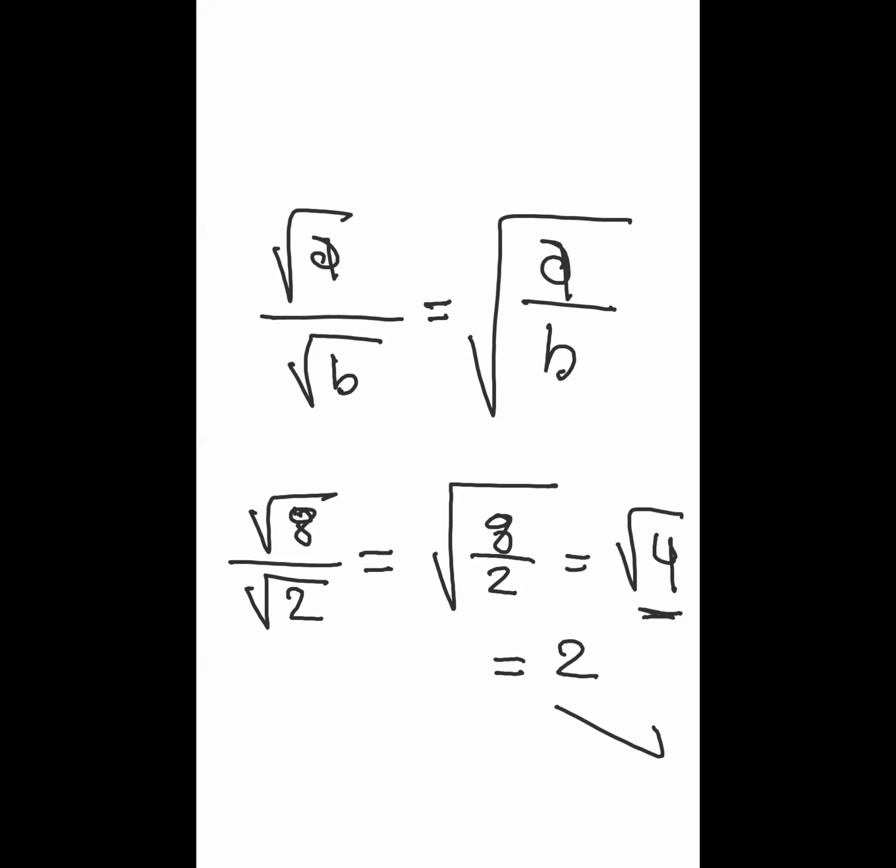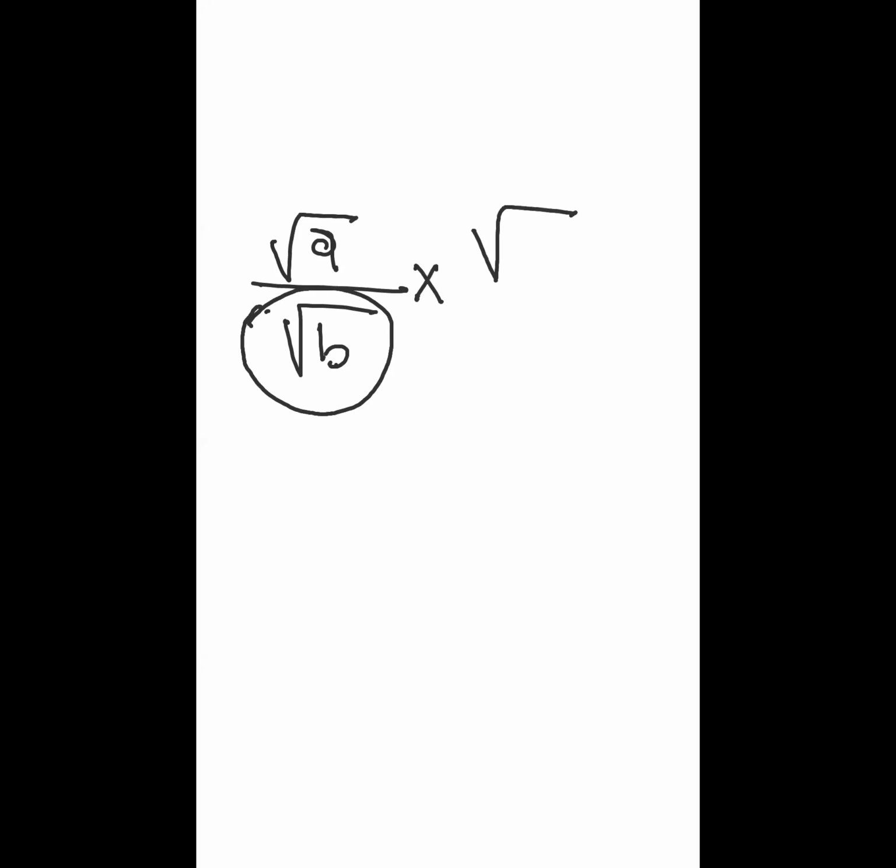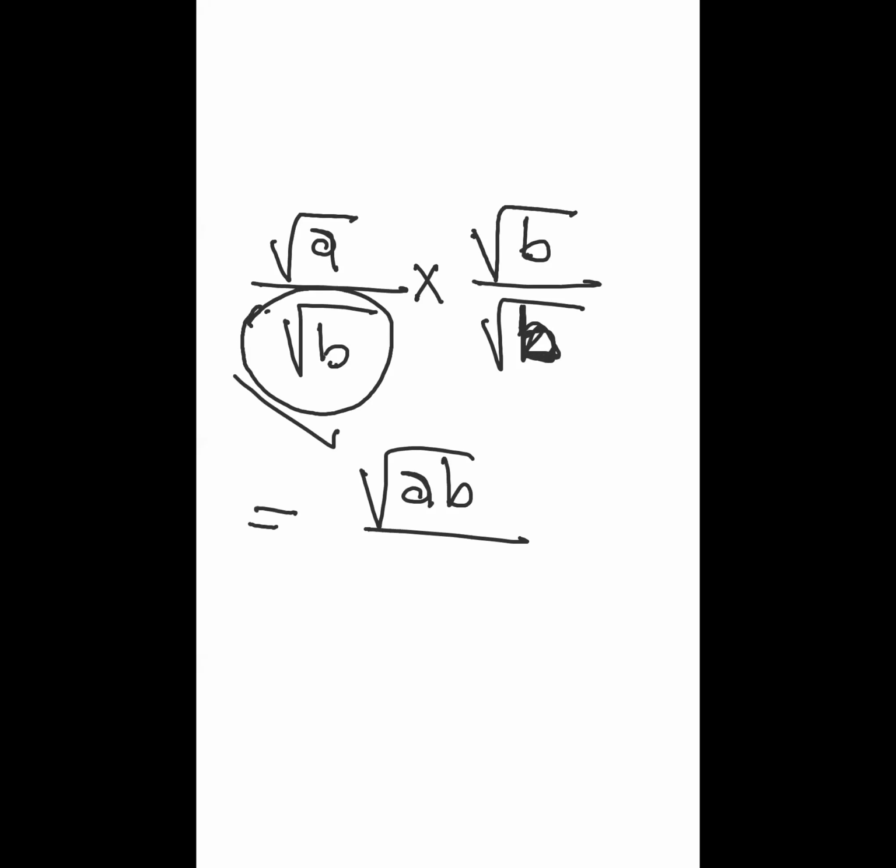If there is a number like this one, square root of a over square root of b, and I want to make the denominator an integer, not a square root, then I have to multiply the two terms by square root of b over square root of b. So it will equal square root of ab over square root of b times square root of b, which of course equals b.